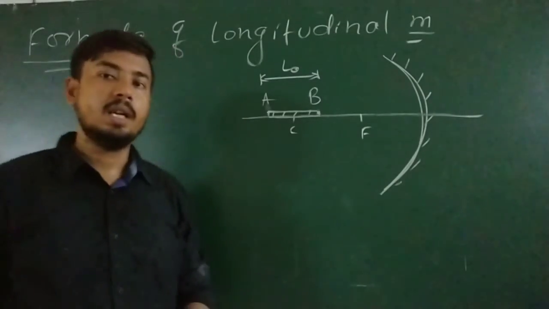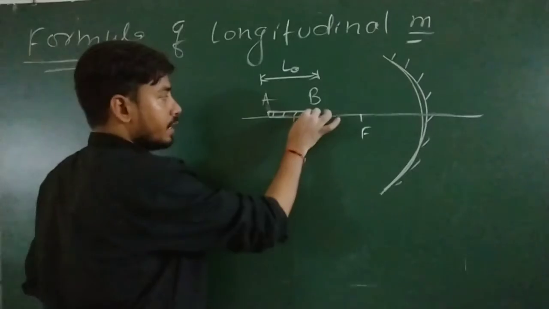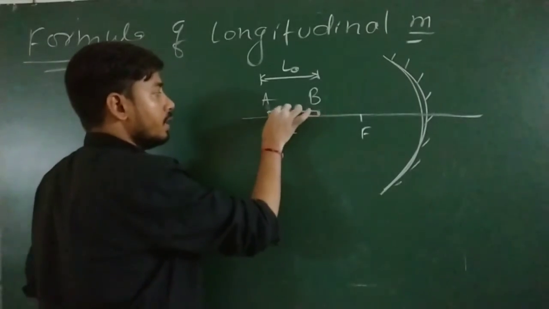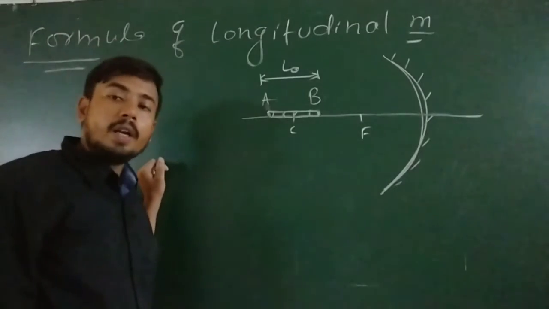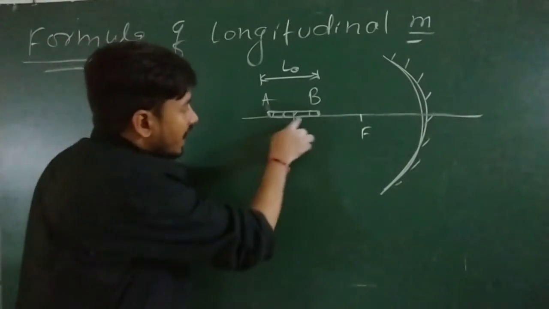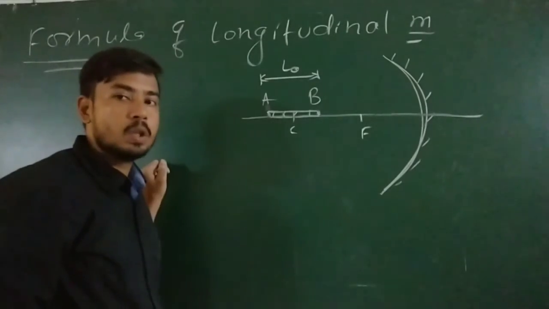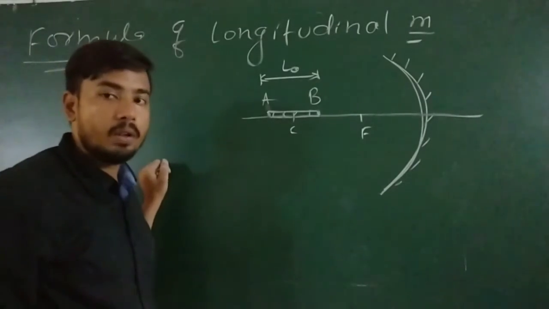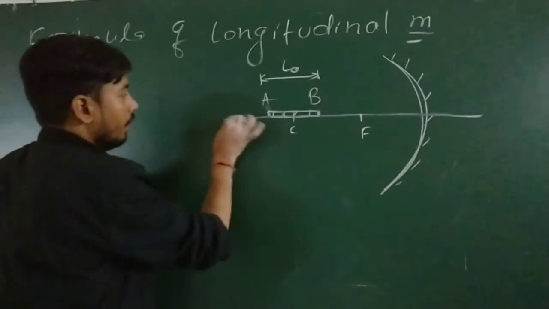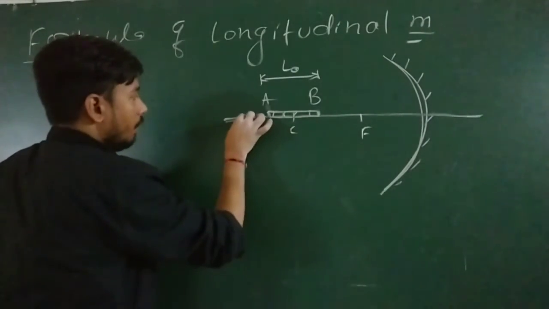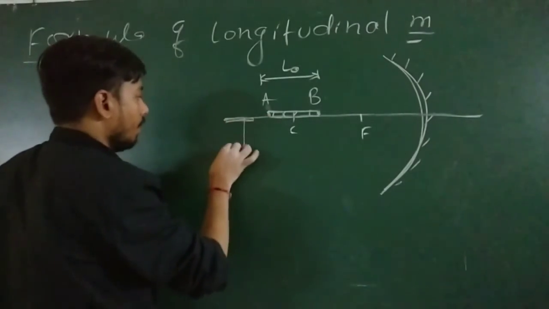So this rod is not a point object. Getting my points? So this point has an image, this point has an image, and so on. According to our concept, this point lies between C and F. So its image will be beyond C and the size will be enlarged. So this becomes our B dash.